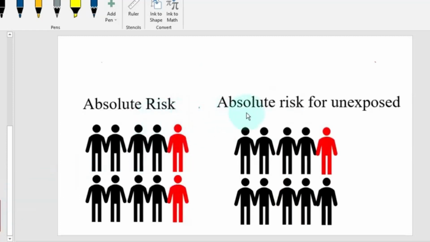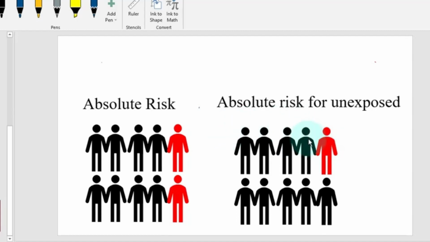Here is the relative risk. How will you understand? Absolute risk, for some people, for example, this is the population which smoked and they developed lung cancer. 10 of them smoked, 2 of them developed lung cancer. Now for unexposed, 10 of them did not smoke, but still 1 of them got lung cancer.